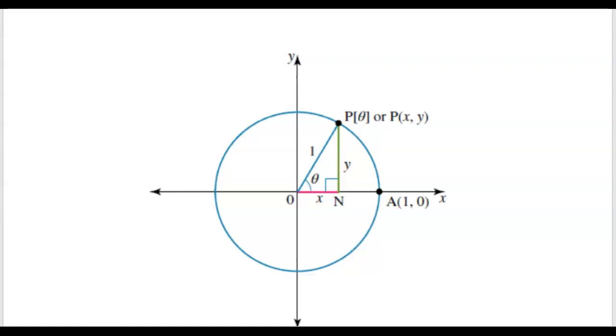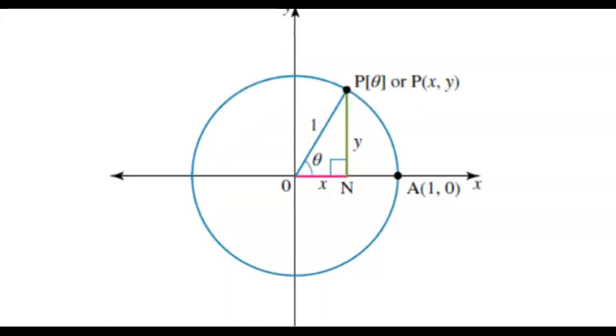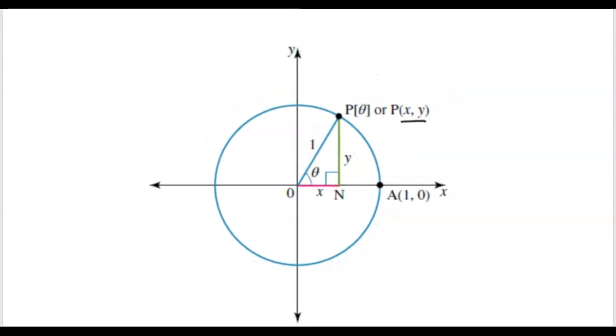In this diagram, we've taken a point P on the circumference of the unit circle. Point P has been given coordinates x and y, where x is the horizontal distance and y is the vertical distance. We've also completed a right angle triangle in this scenario.